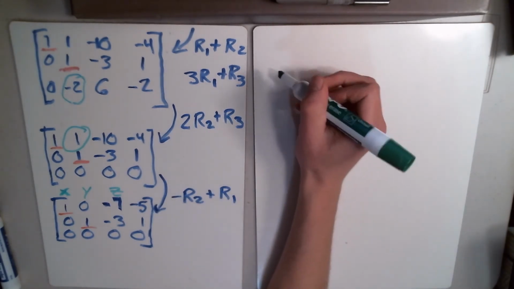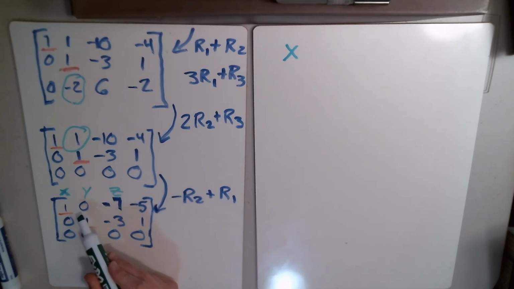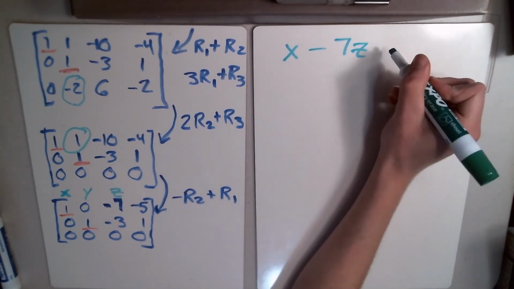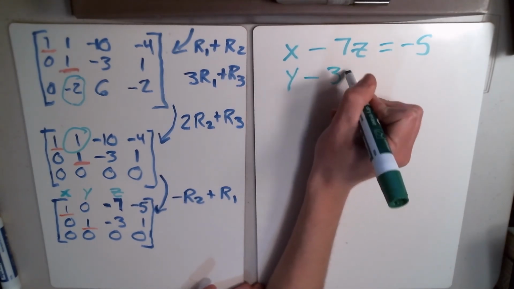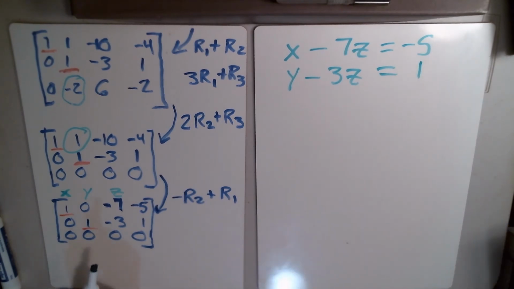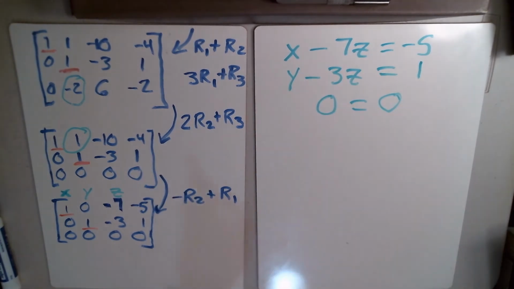The first equation translates into x plus 0y, so there's no y's, and then minus 7z is equal to negative 5. Now, for the second row, we've got 0x plus 1y, and then minus 3z is equal to 1. For the last equation, we've got 0x plus 0y plus 0z, which is just 0, is equal to 0.